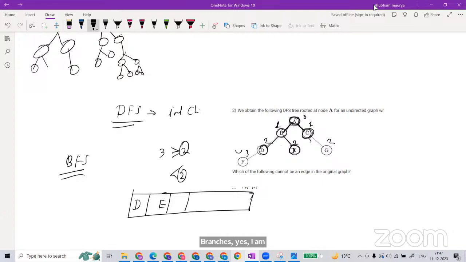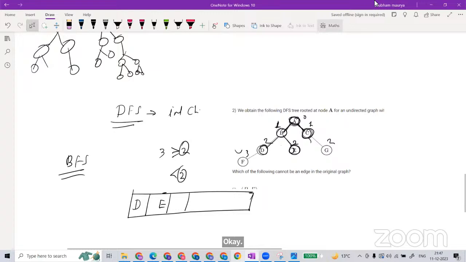By this way you can remember: in DFS between two branches there could not be any edge, and in BFS if the level difference is 0 or 1, then there could be an edge. If it is 2 or greater, then there is no edge.